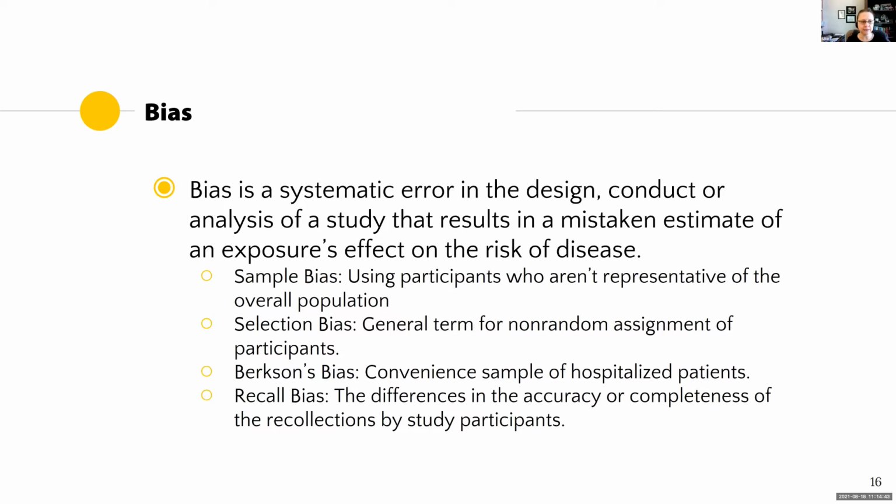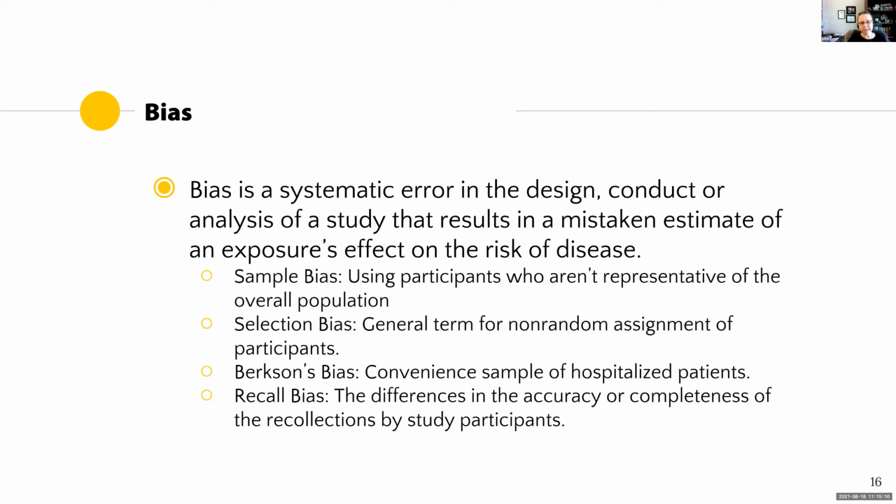Now, bias is a little bit different. Bias is a systematic error in the design, conduct, or analysis of a study. When you have that in there, it can make the estimate of the exposure effect show either less or more of a risk of disease. I've got a couple here by example. Sample bias and selection bias get confused a lot.